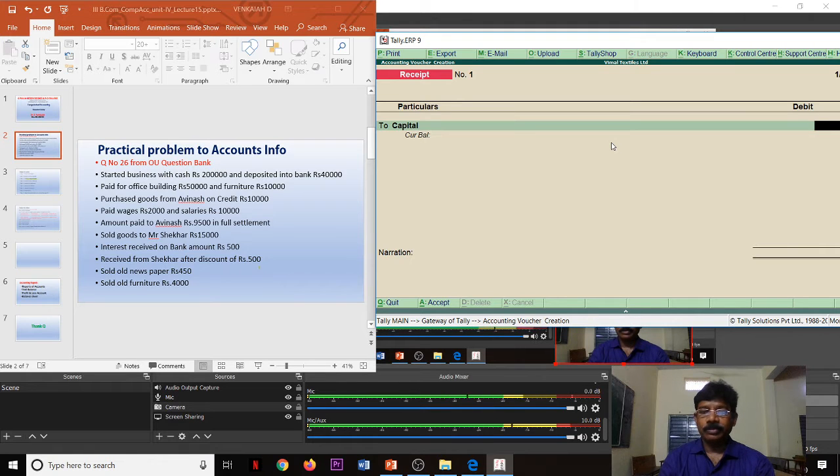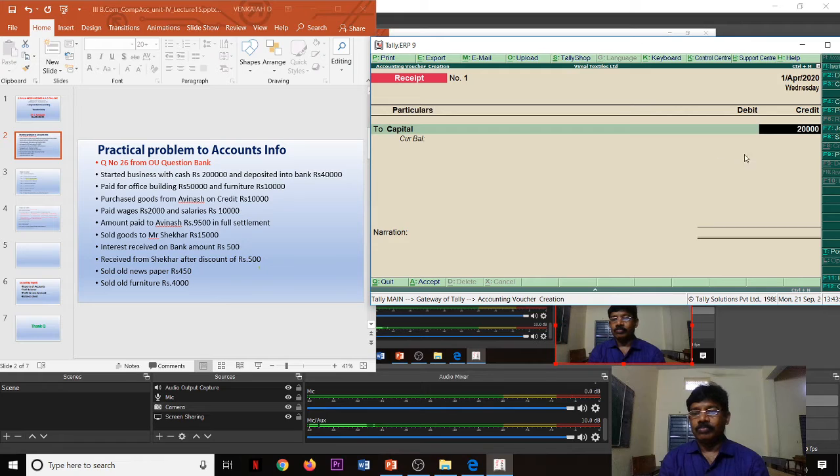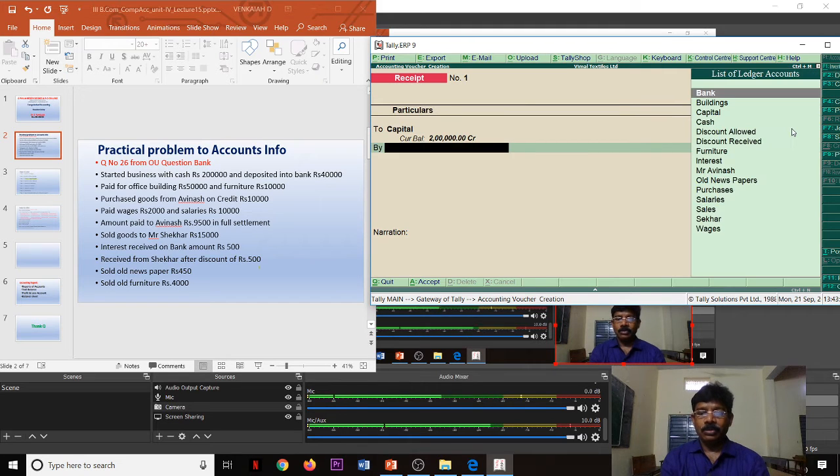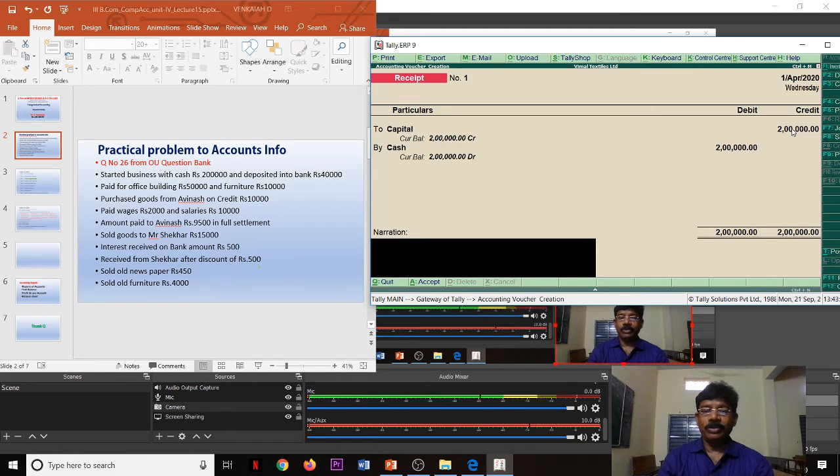Amount is 2 lakhs. Business started with the cash.